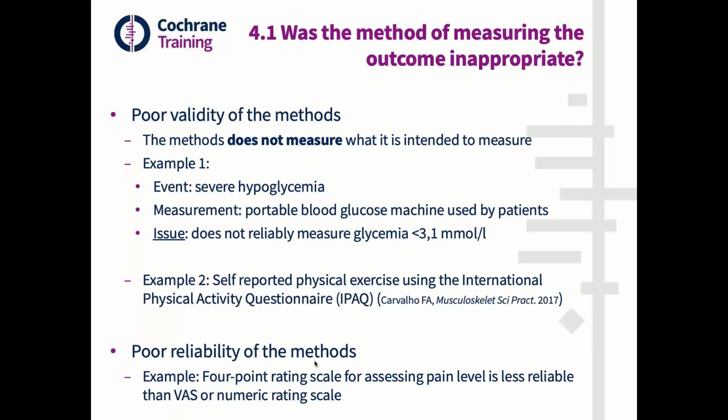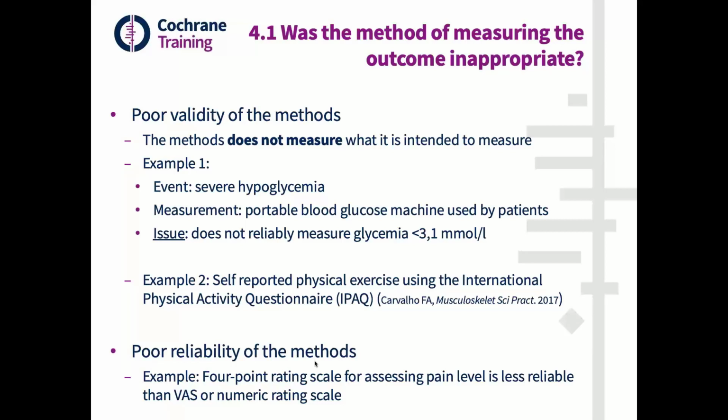First, your outcome is severe hypoglycemia. In the trials, they decided to use as a measurement tool a specific device, which is a portable blood glucose machine that is used by patients.